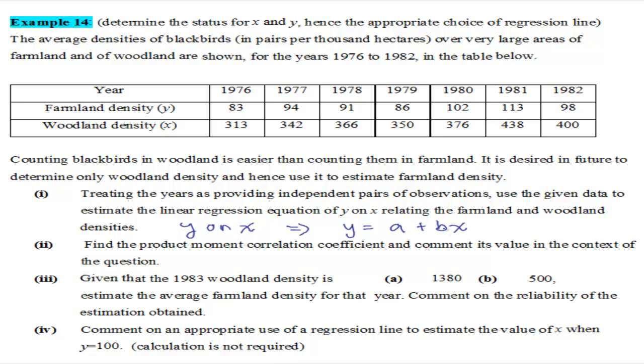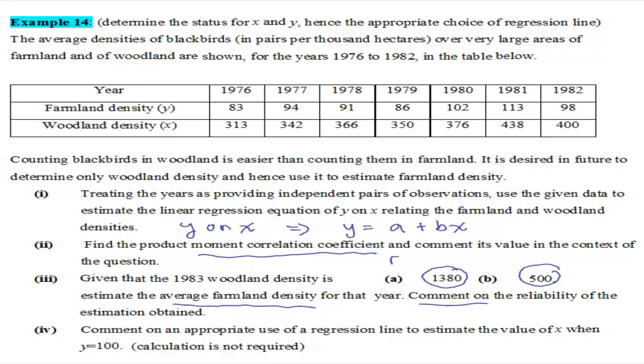In part 2, you are asked to find the product moment correlation coefficient, r, and then comment on this value. In part 3, you are given that the woodland density is 380 or 500, and you are asked to estimate the average farmland density for that year, and to comment on the reliability of this estimation.